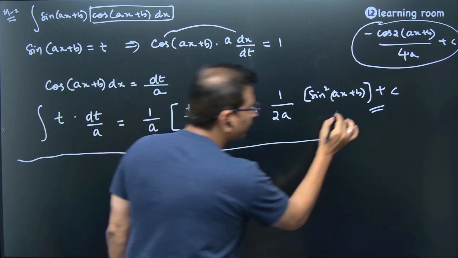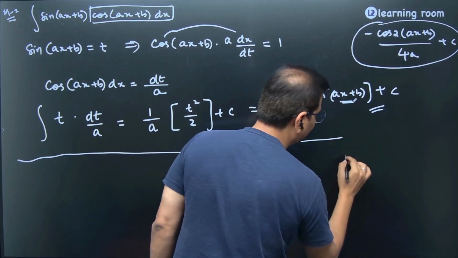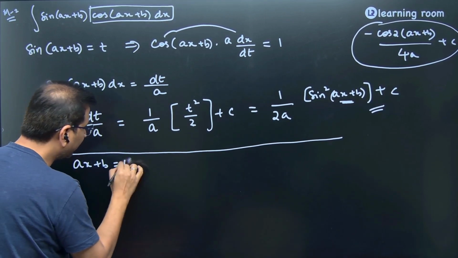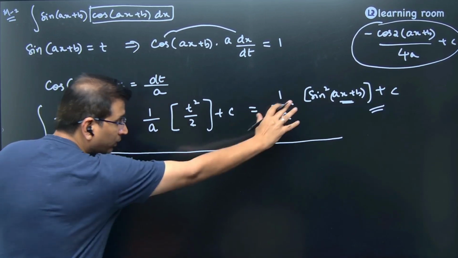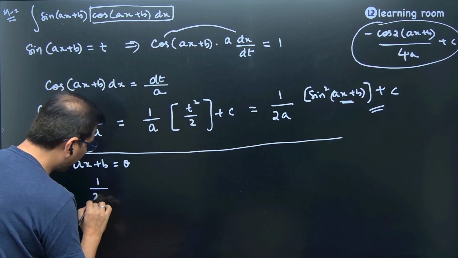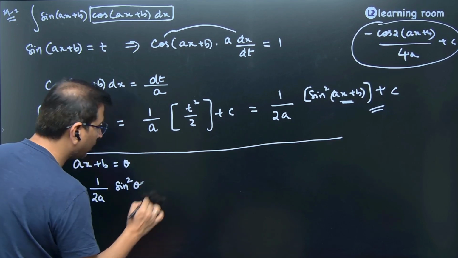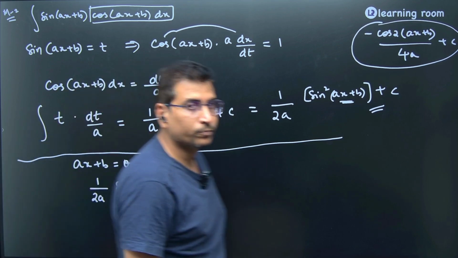Let me treat this ax plus b as theta for the time being. So if I call ax plus b theta, then this whole thing is 1 by 2a times sine square theta plus c. Correct.